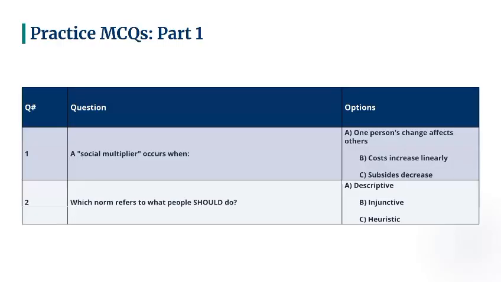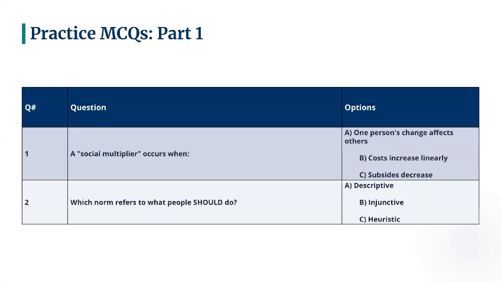Now we have practice MCQs. Number one: a social multiplier occurs when option A, a person's change affects others, option B, cost increases linearly, option C, subsidies decrease. Number two: which norm refers to what people should do: descriptive, injunctive, or heuristics?